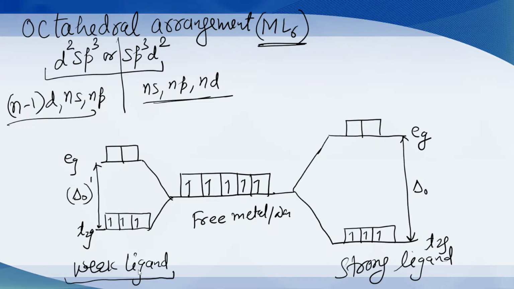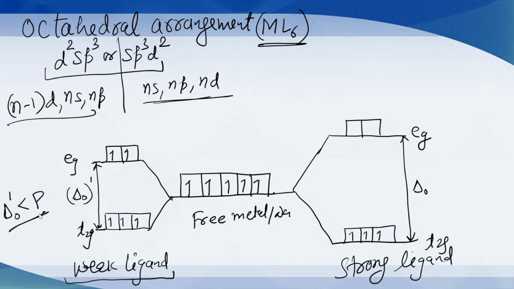In case of weak ligands, this energy difference is very, very less. So rather than getting paired, the electrons go into the upper orbitals, because in these cases delta O is less than P. What is P?